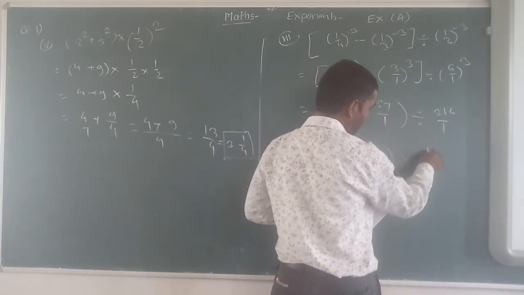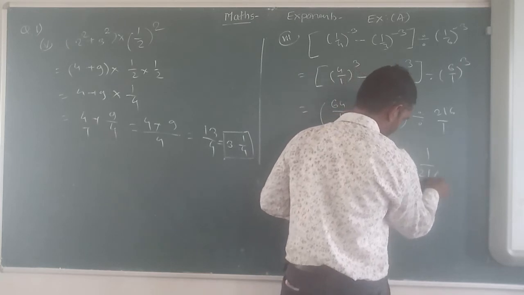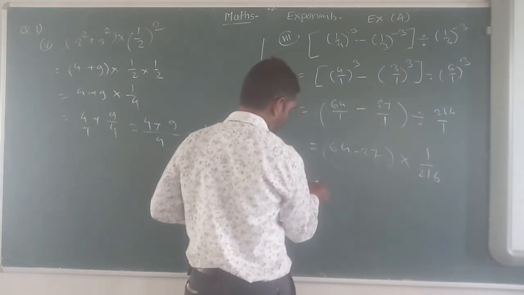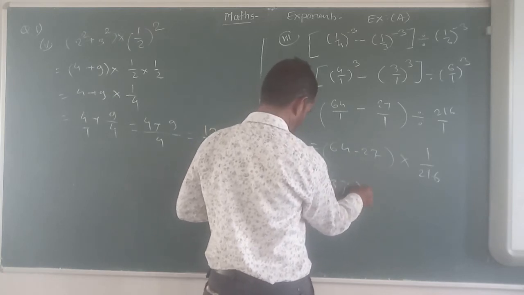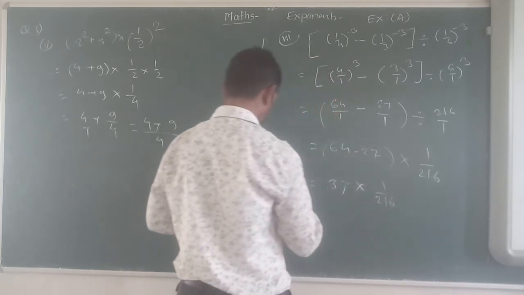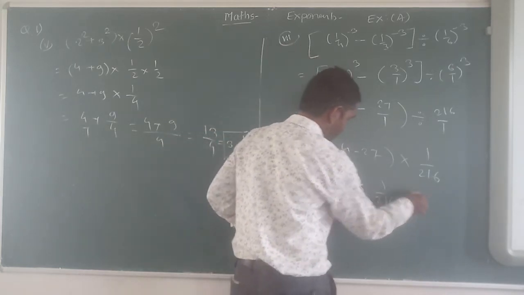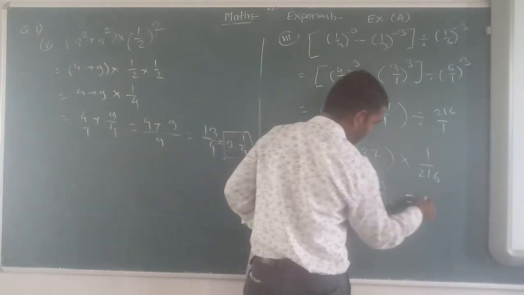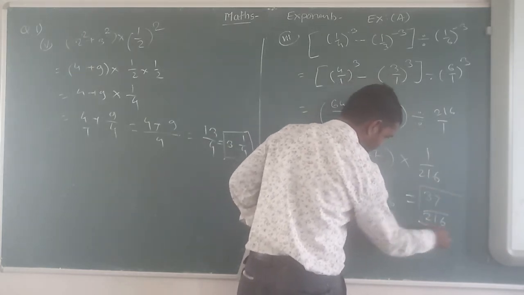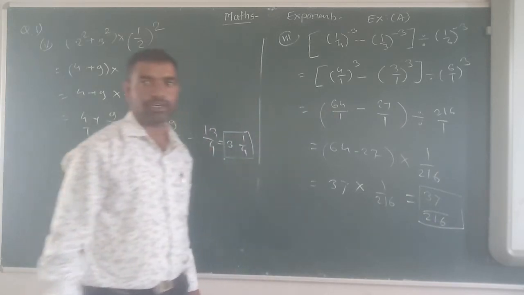Divide will become multiply, here we will make it 1 upon 216. Okay. So how much is subtraction? The subtraction will be 37. 37 into 1 upon 216. So the final answer will be, this is the numerator and this is the denominator, 37 upon 216. This is your final answer.